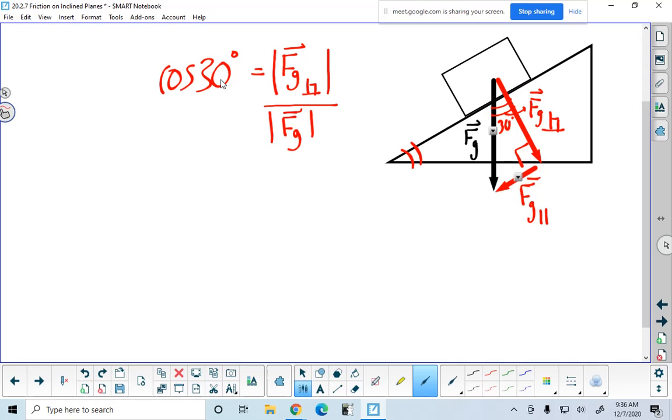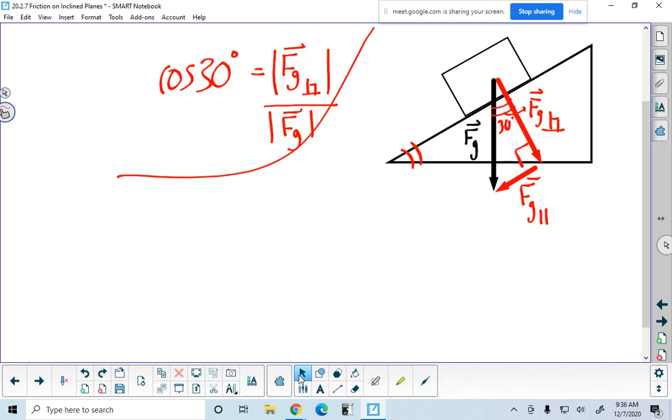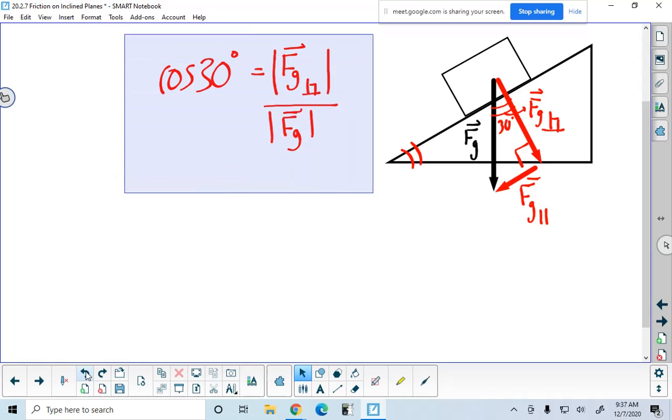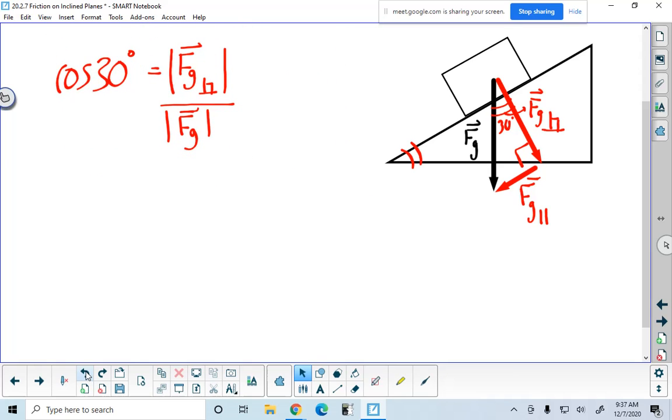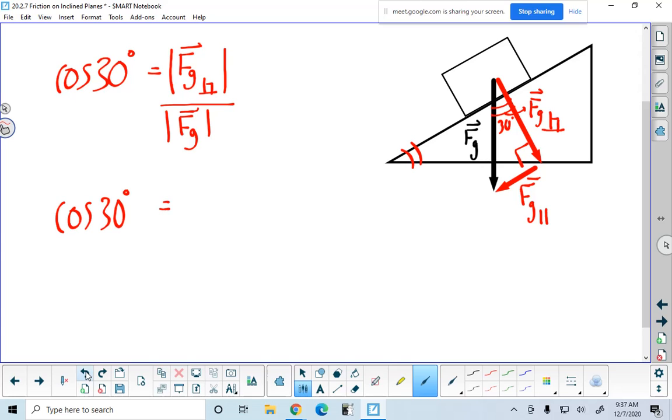So we calculate Fg by taking mass times 9.81. And we end up with this statement that cosine of 30 degrees is equal to the component of gravity that is perpendicular to the ramp over the mass.